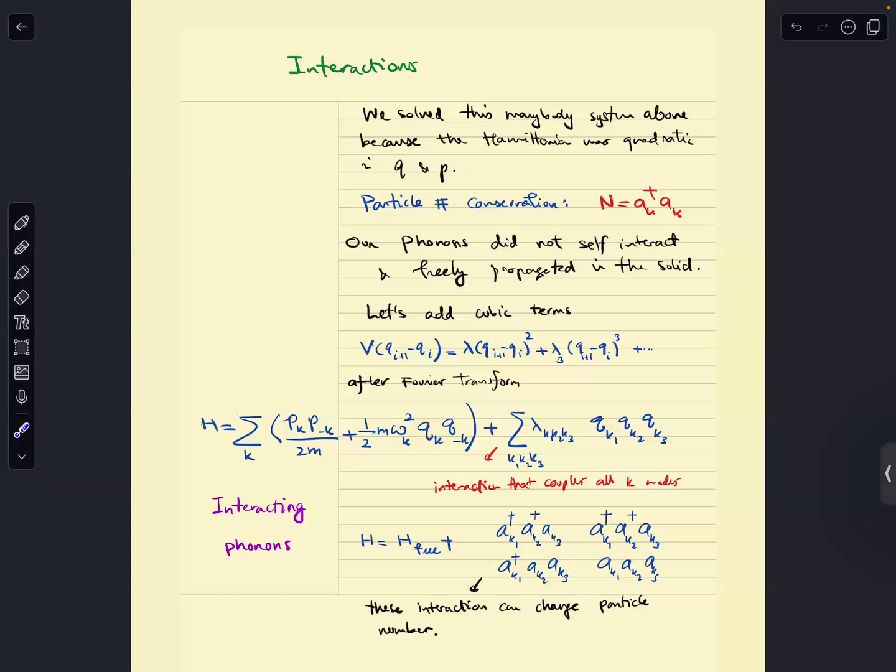Good. So now we want to include higher terms in the expansion of the potential. In the potential, we took the lambda q squared term. Now we're going to keep the q cube term. There are some problems with keeping only this term and not higher order terms, but let's ignore that for now.